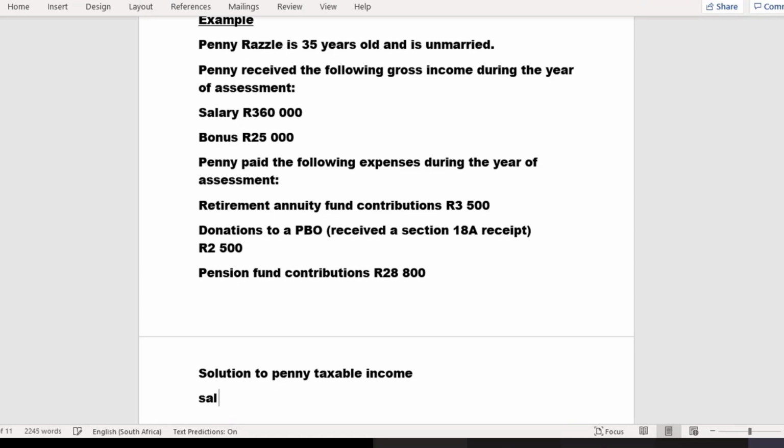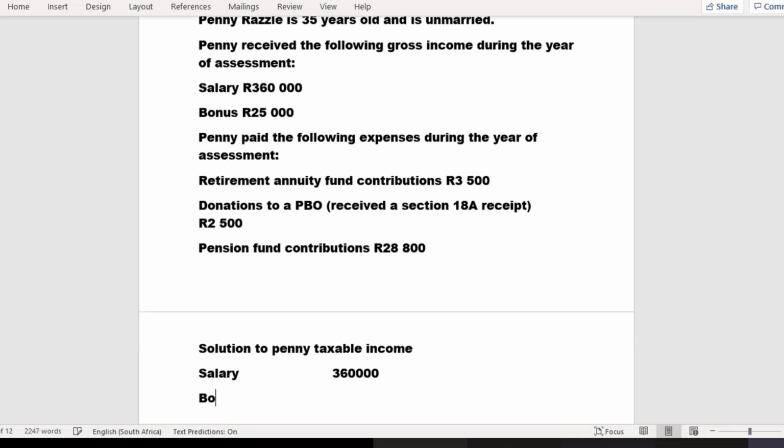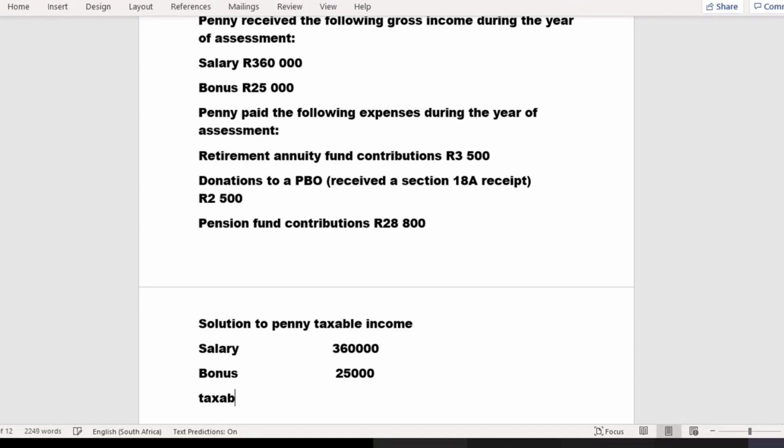You're going to have the salary with an amount of 360,000 rand, and you're going to have the bonus with an amount of 25,000 rand. And then you're going to look at the other income, and you say no, there is no other income that you have received as a taxpayer. Then you calculate the total: 360,000 plus 25,000 rand gives you 385,000 rand.